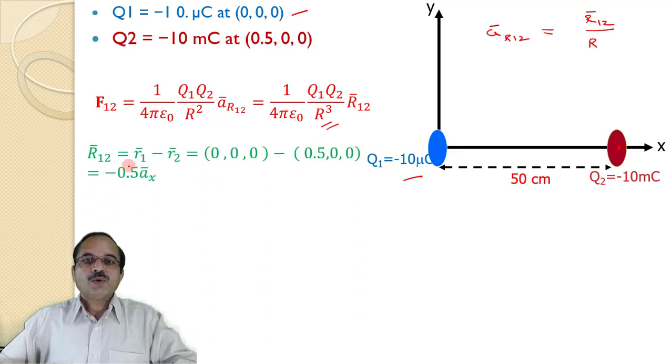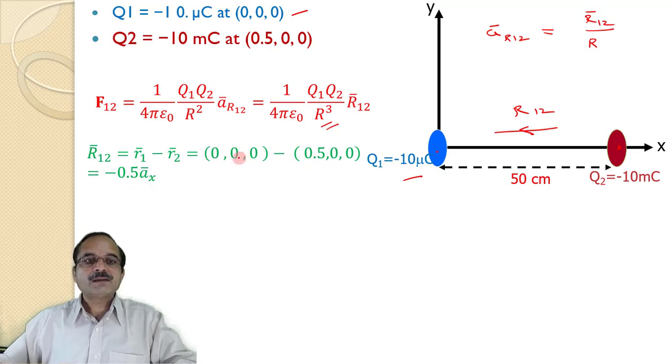Now r12 is given as the position vector r1 minus r2. This is r1 here, and this is r2, with the corresponding coordinates. So 0 minus 0.5 is minus 0.5 ax for the x coordinates.